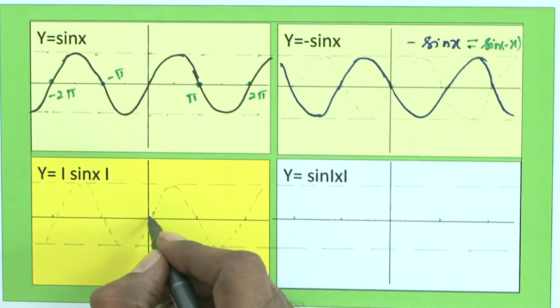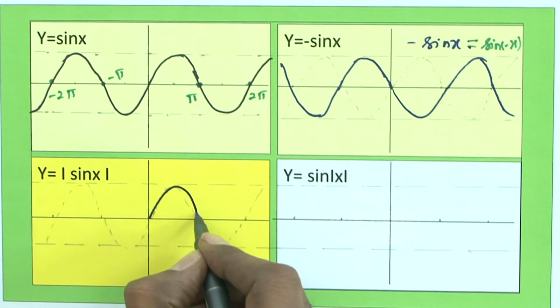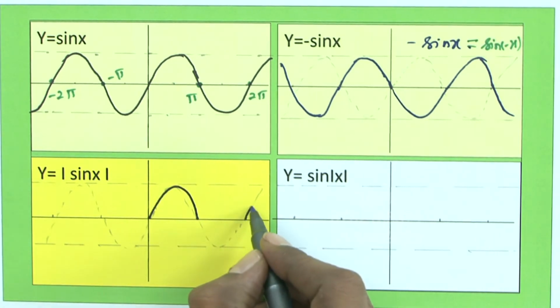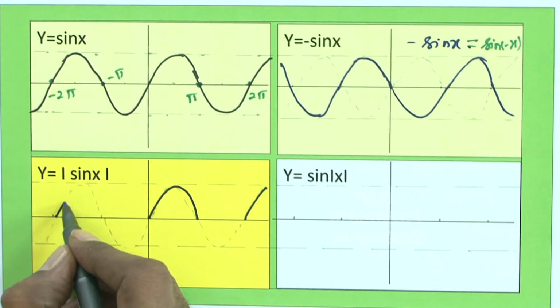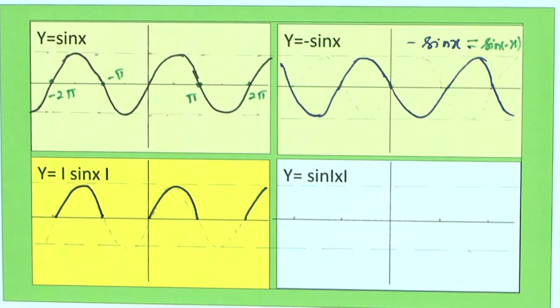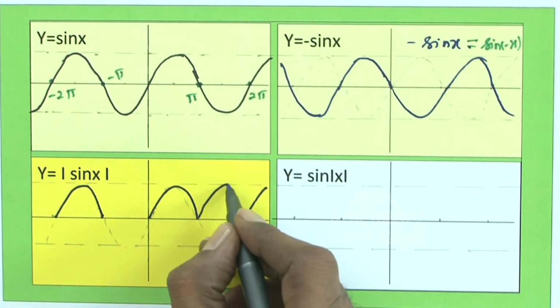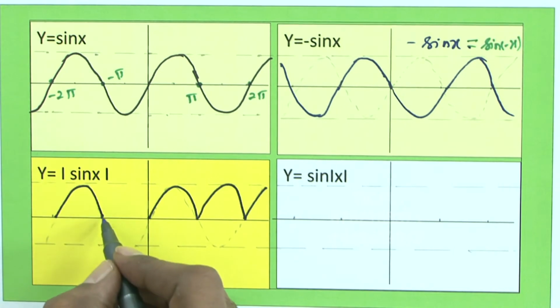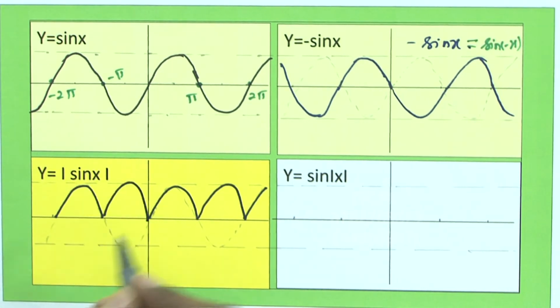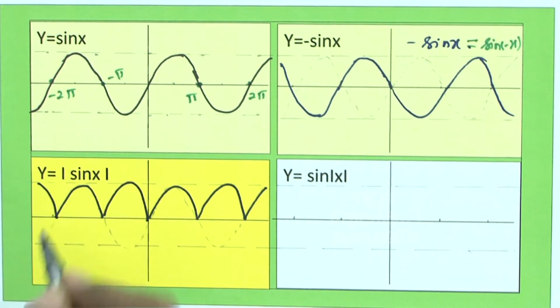Retain the part of the graph which is above the x-axis. Right? This is the part of the graph you have above the x-axis. Write the replica of the part of the graph which is below the x-axis. That is like this. Using the x-axis as a mirror, complete the graph. This is how it looks. This is mod sin x.